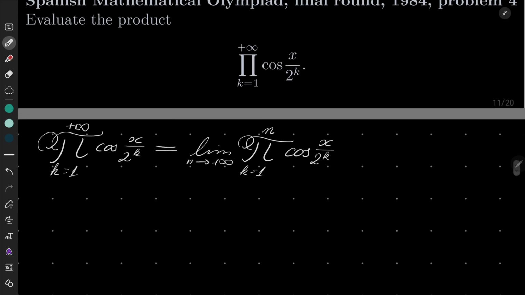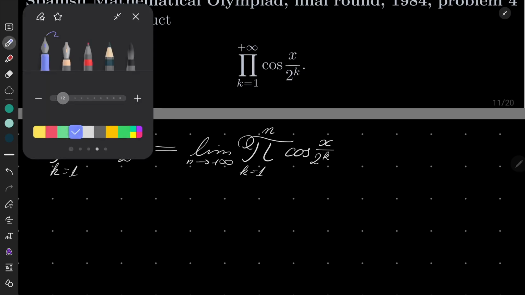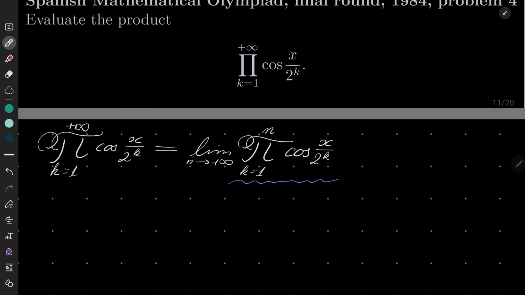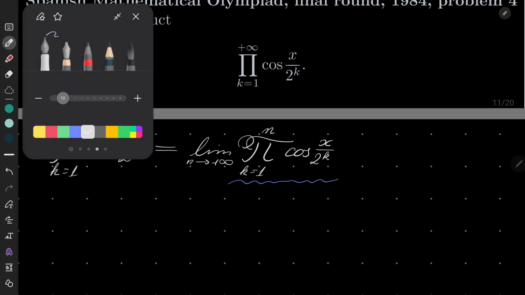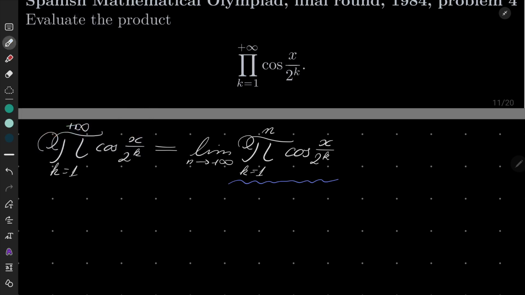And now we will try to simplify this finite product. So I will write it without using the product notation: cosine of x over 2, cosine of x over 4, and so on, cosine of x over 2 to the power n minus 1, cosine of x over 2 to the power of n.